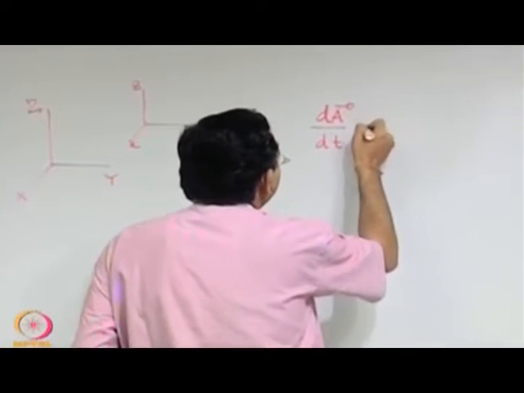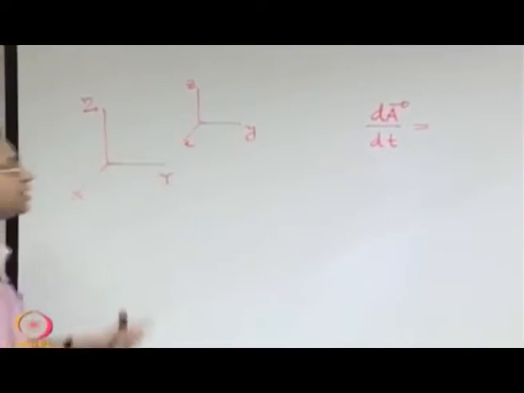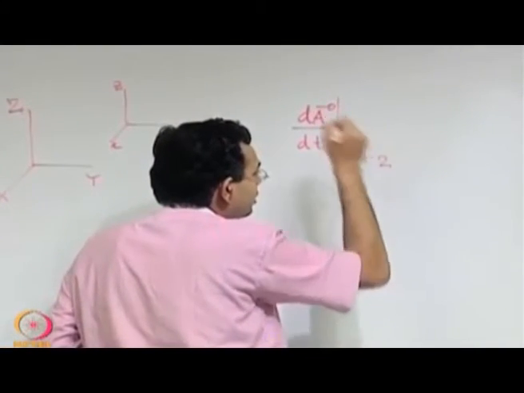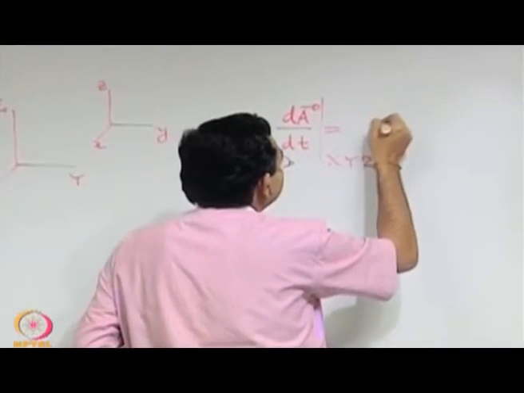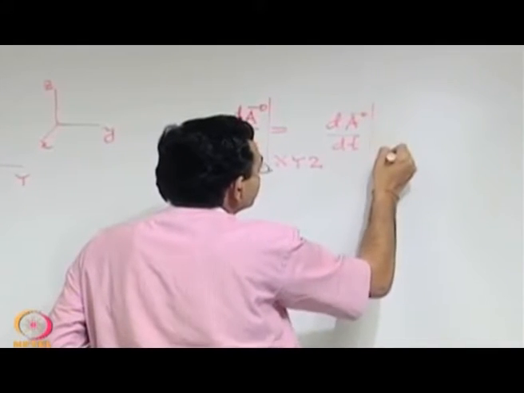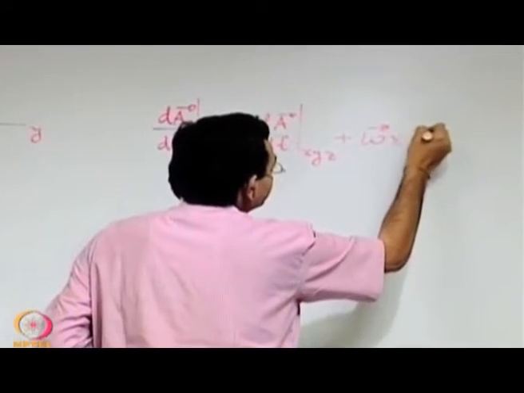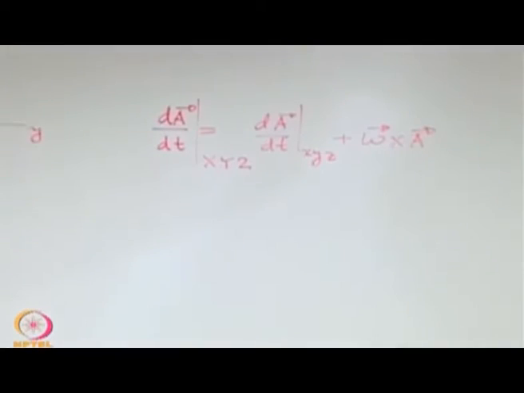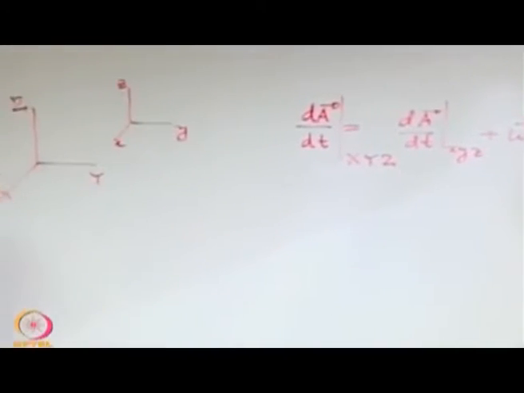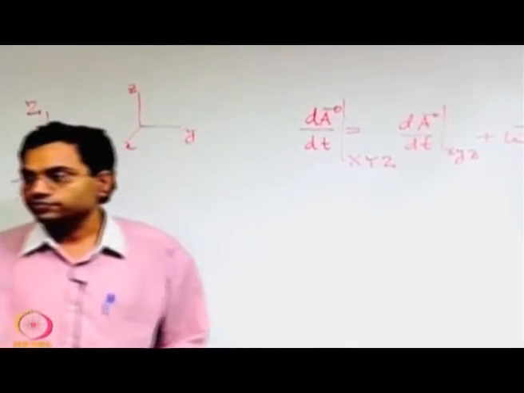So, if you have the vector A which is there in the small xyz reference frame, the derivative of that with respect to the capital XYZ, which is like a stationary reference frame, is this plus omega cross A. Clearly, if this small xyz reference frame is having no omega, then the derivatives are identical.